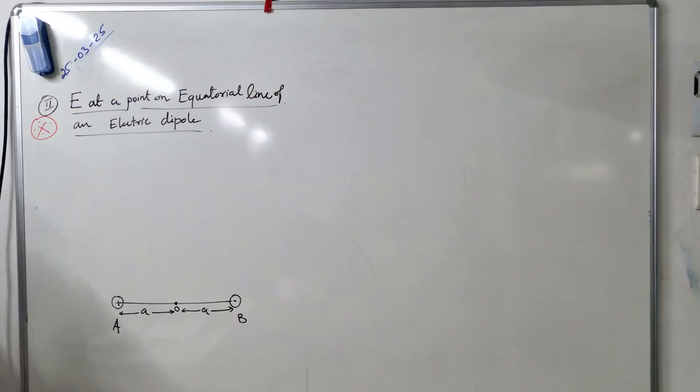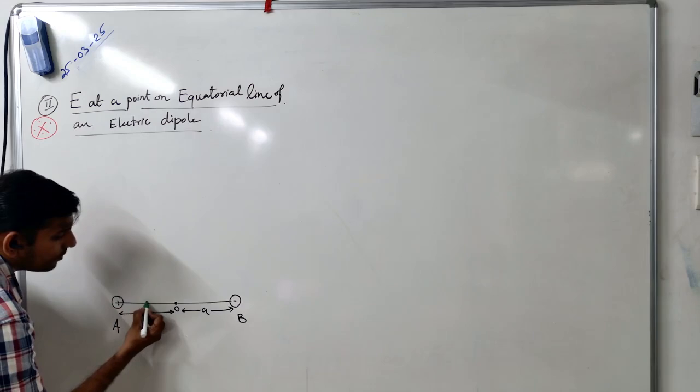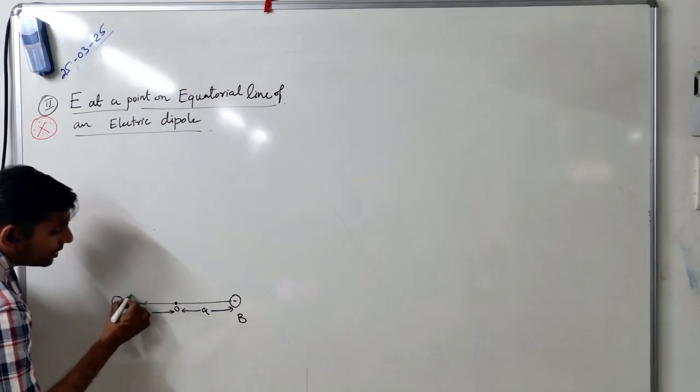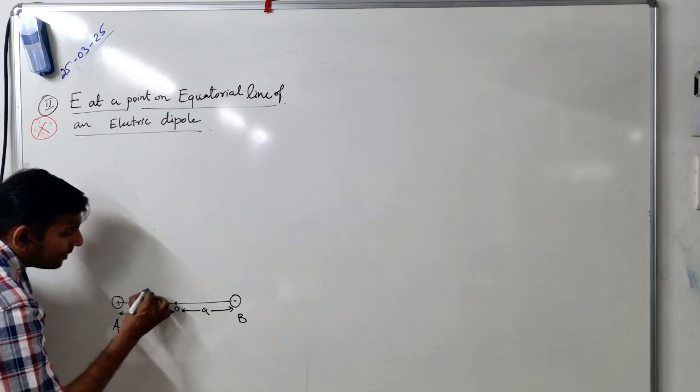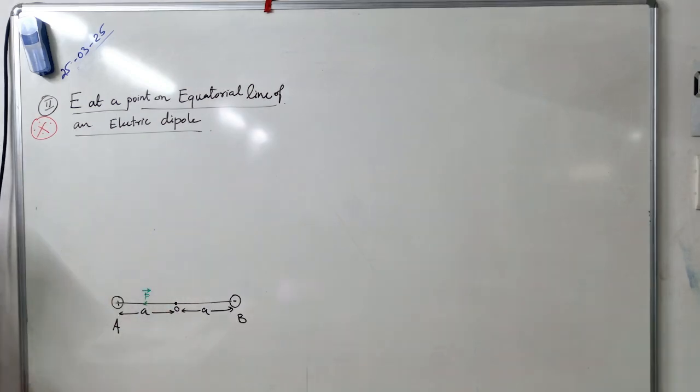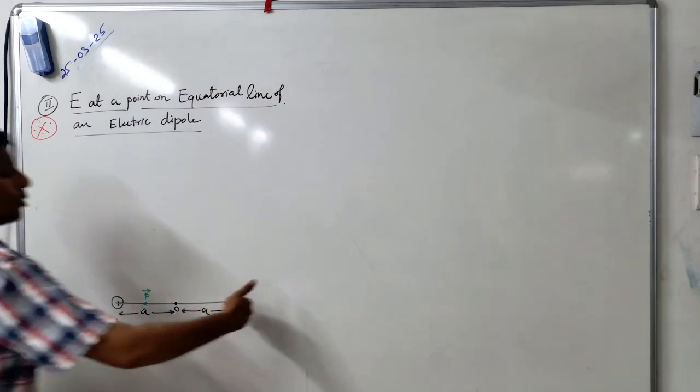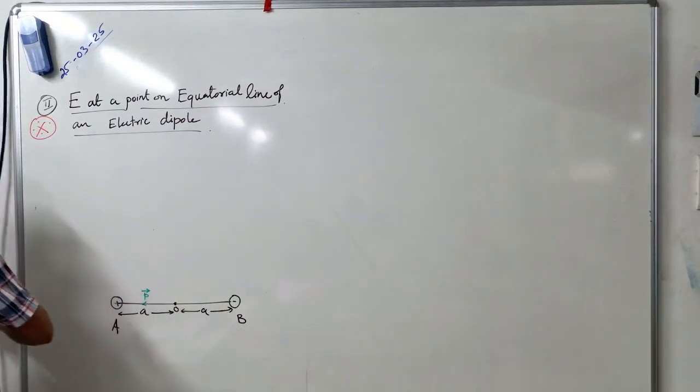So now what do I do? What's the direction of the dipole moment? The direction of the dipole moment is traveling like this, so let's mark it as vector p. Mark it in a very small manner. Noted. So ideally the dipole moment is traveling in this direction.